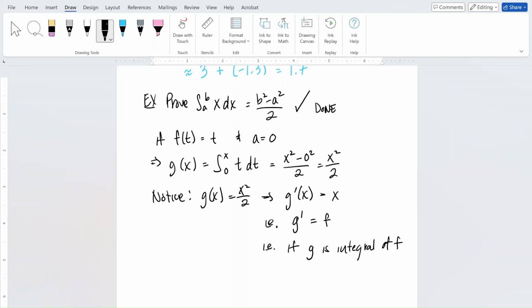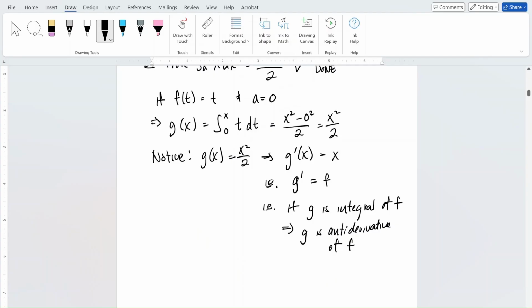The result that we got was x squared divided by 2, which is also the antiderivative of f, right? G is also the antiderivative of f, right? If f of x is x, the antiderivative is x squared divided by 2.